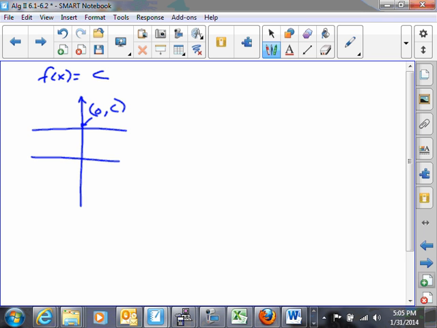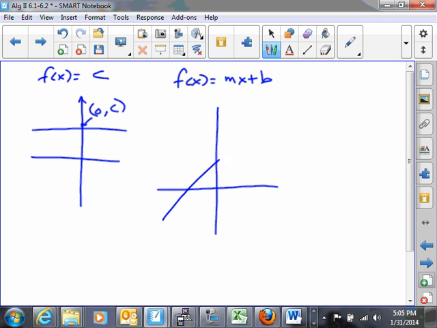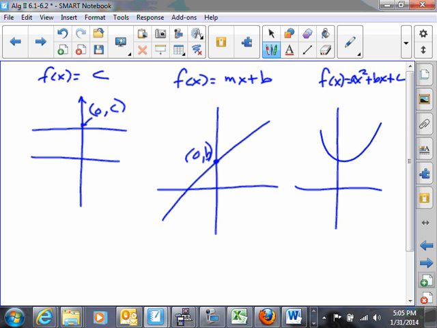If you have a linear function, f of x equals mx plus b, that would be a line, and it would have a slope of m, and it would go through (0, b) on the y-axis. Now, for a quadratic function, f of x equals ax squared plus bx plus c, the graph of that one's going to be a parabola.